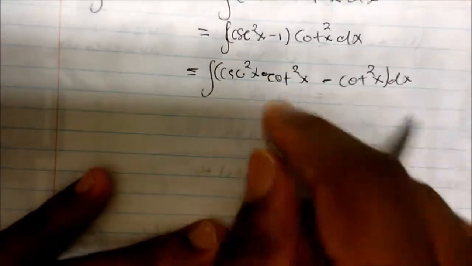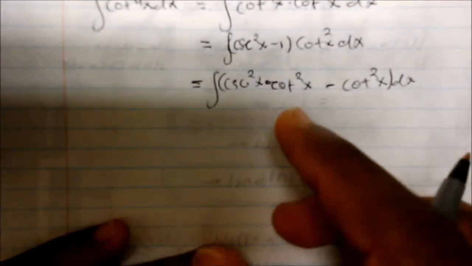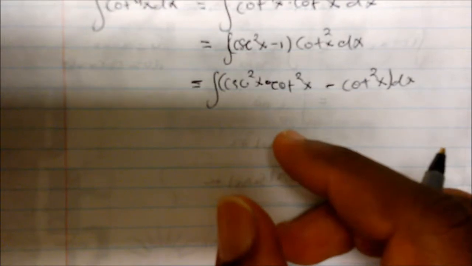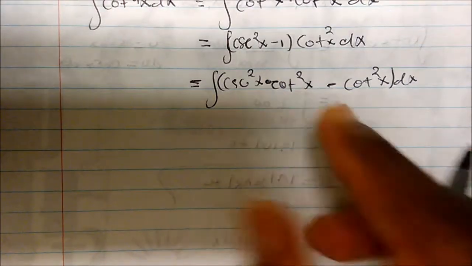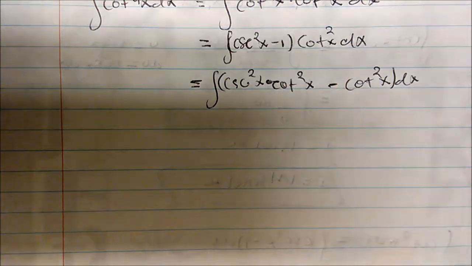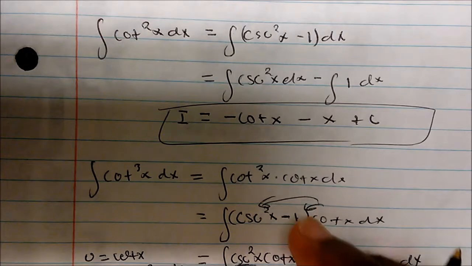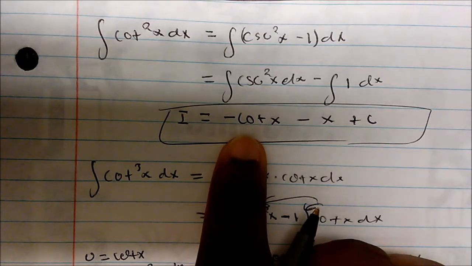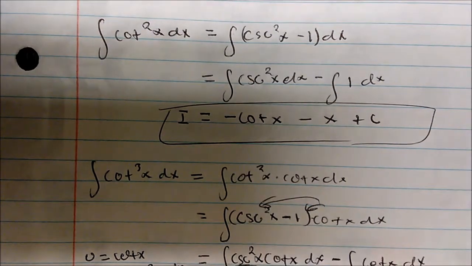Okay, and so when I look at this, I'm going to split my integrals up, but I could definitely see that I have some sort of u substitution going on for this one. Okay, we already know the integral of cotangent squared of x, and we already said it was negative cotangent of x minus x plus c.